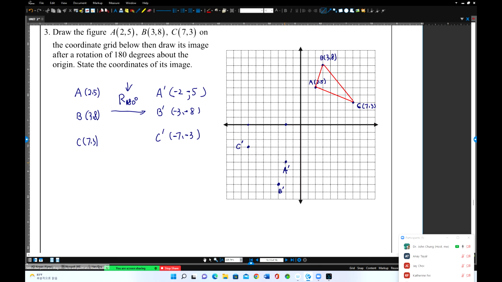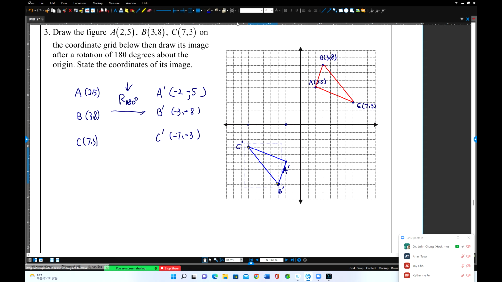I'm going to make a connection. That's it. Exactly 180 degree rotations.